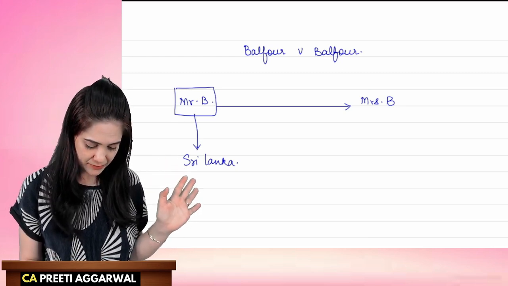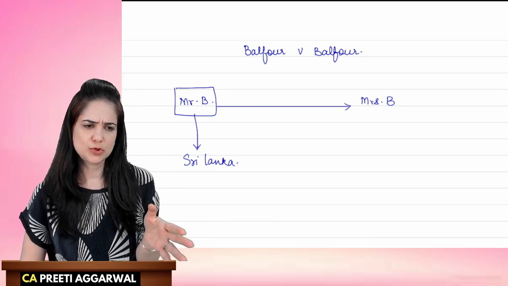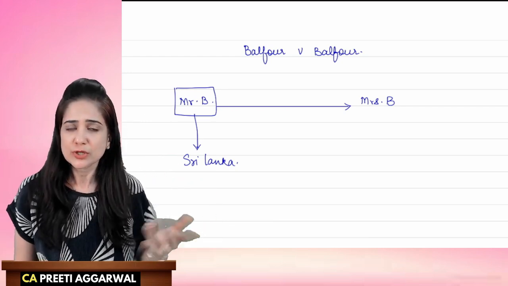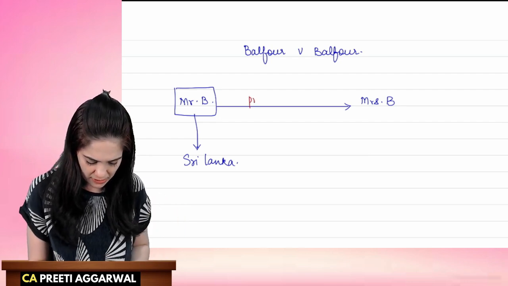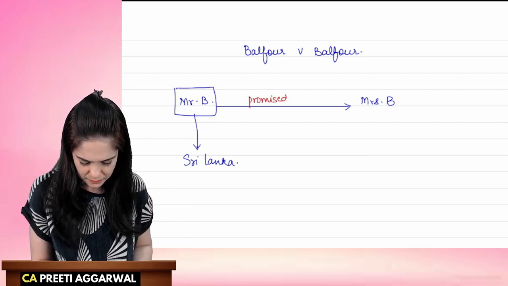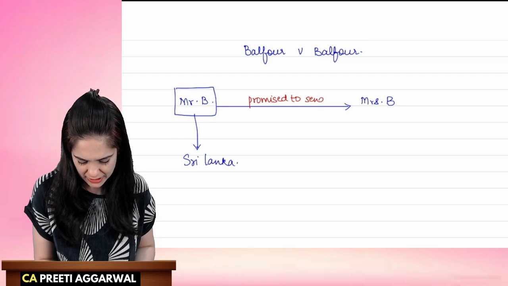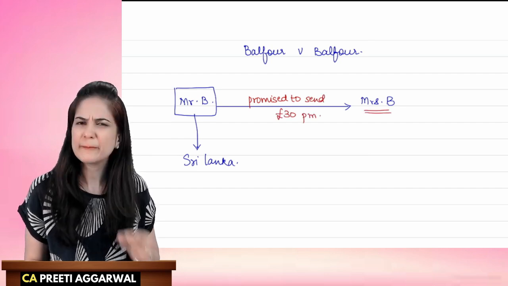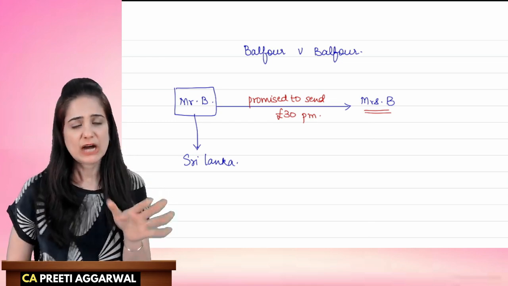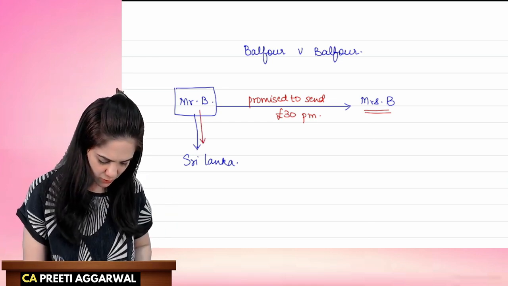I can't come. So Mr. Balfour says that you stay in England only. She said, how will I stay alone? I don't have money. So he promised to pay. He promised to send £30 per month for her maintenance. After making this promise, he went to Sri Lanka.